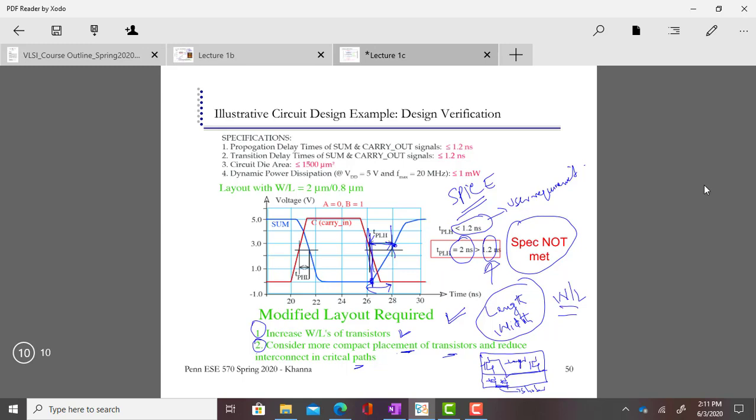So I hope that with this third part of the lecture you have understood to a certain extent the life cycle of a VLSI design, starting from the user requirement to the generation of the mask.